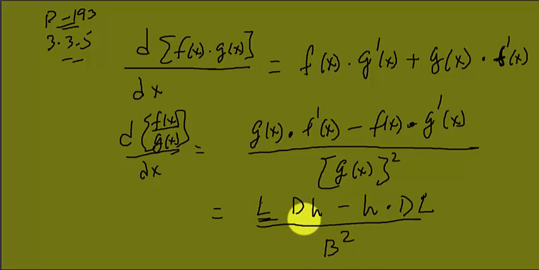Low d high minus high d low, bottom squared, and off we go.